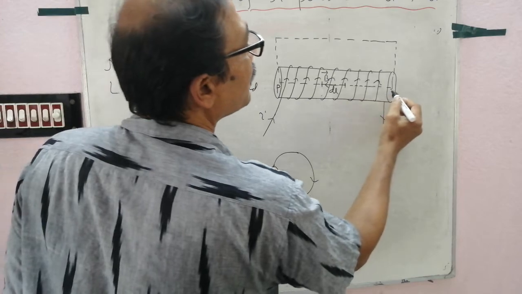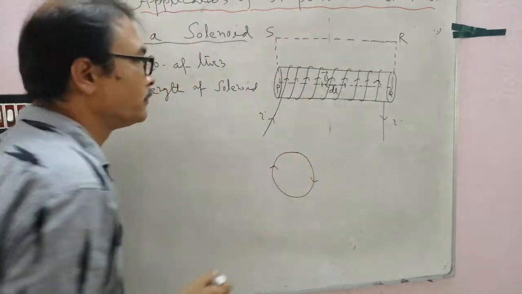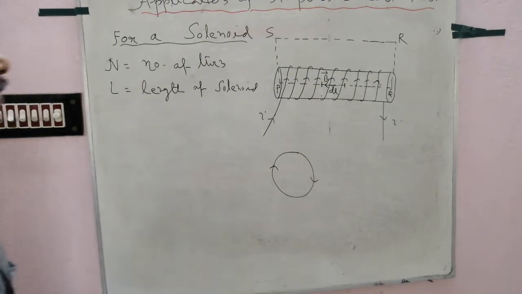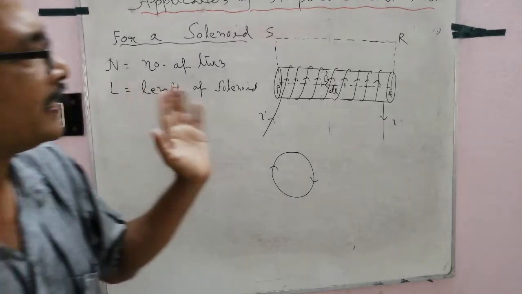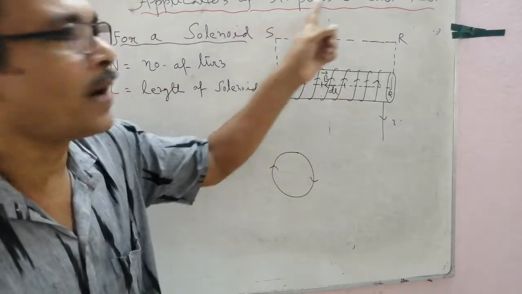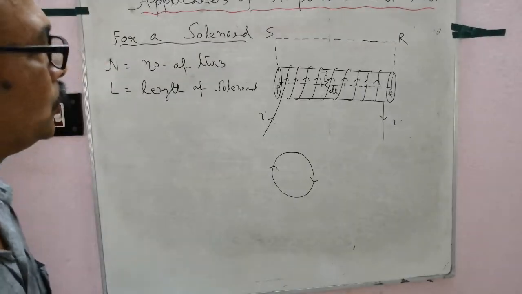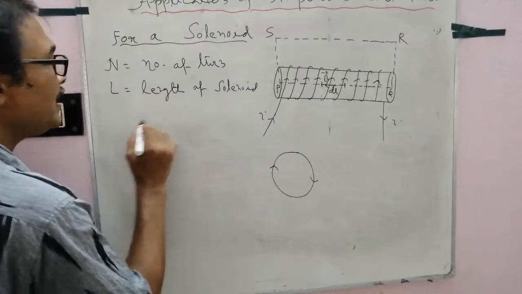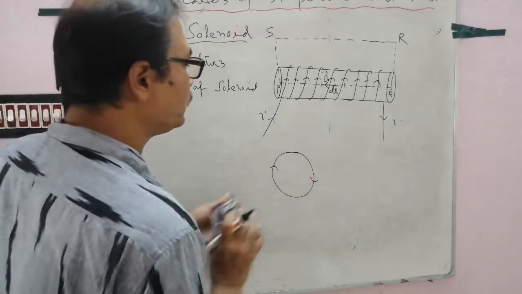P, Q, R, S. N be the number of turns, L be the length of the solenoid, I be the current, and PQRS be the Ampere loop, that is a closed path. So B and dl are in the same direction.